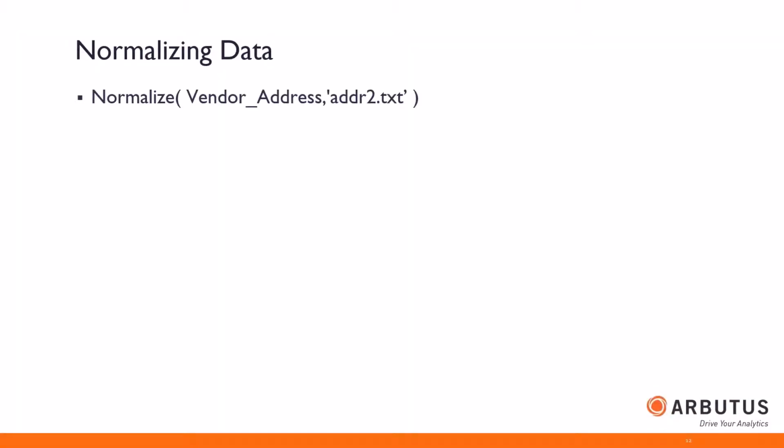When normalizing data, you can use the normalize function against the vendor address field and reference a substitution file. The substitution file in this case, addr2.txt, consists of lists of standard address words such as street, avenue, and so forth that have been entered in all their different permutations with a substitution of, let's say, ST for street and ST for STRT.